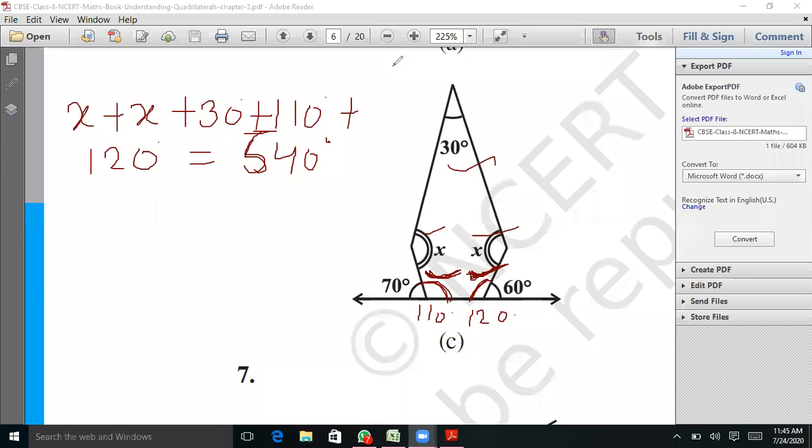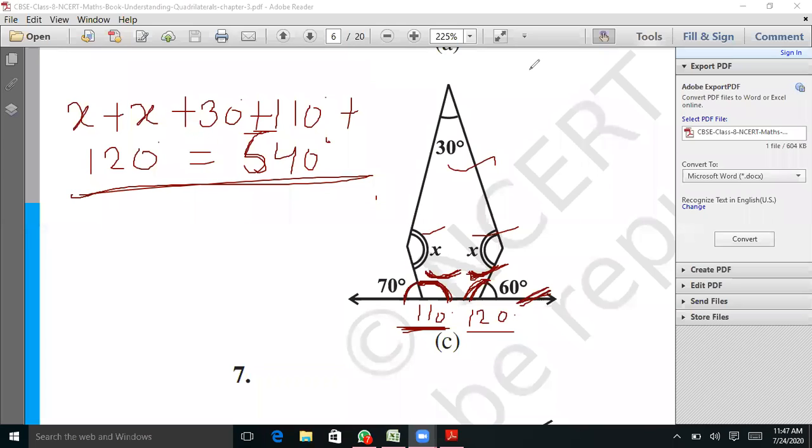Add it now: x plus x, 2x, plus 120 plus 110 plus 30.